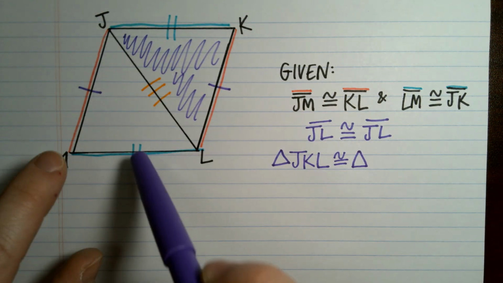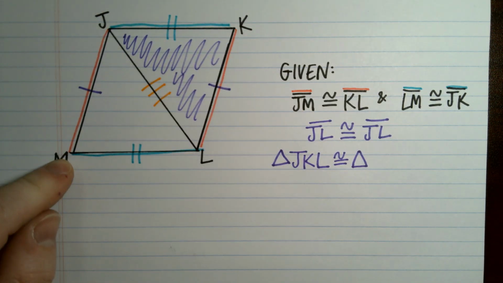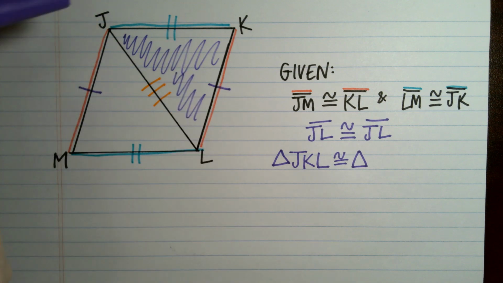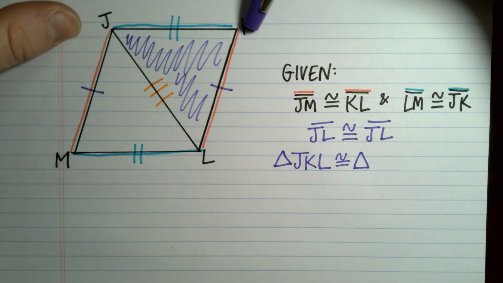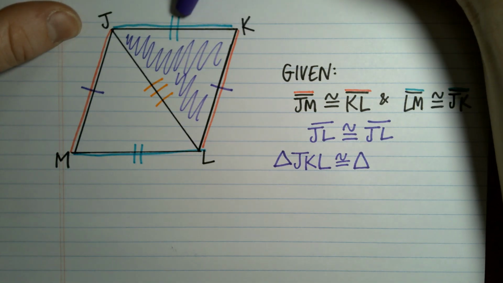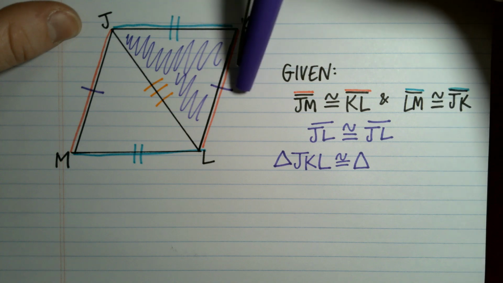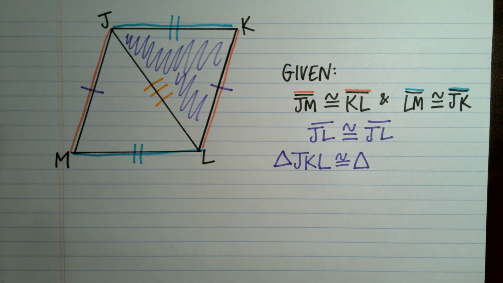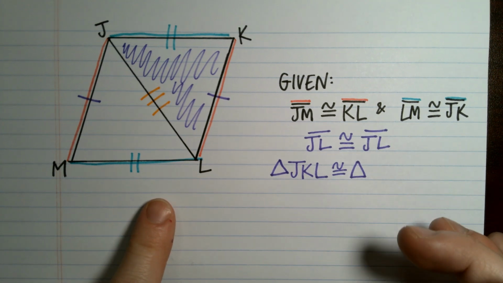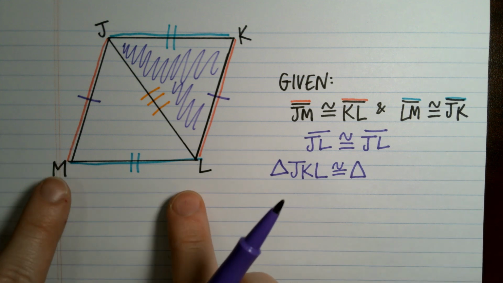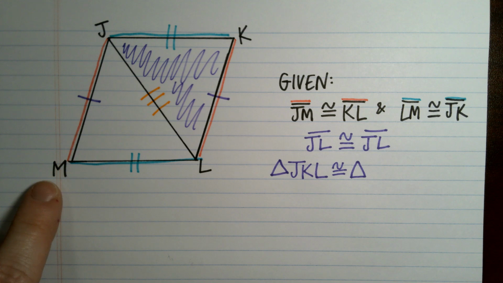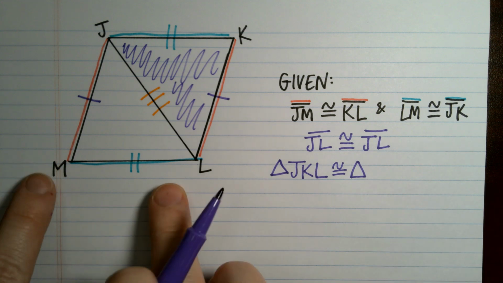Now we need to name this triangle the same way that we name JKL. In JKL, we started with the point that goes from here to here, crossing the side that has 2 tick marks first, then 1 tick mark, then 3. So we need to make sure that we name the second one in the same order. Does that make sense, what I just said about the order that we're going to need to write the letters here? Okay, so how would we name our second triangle?